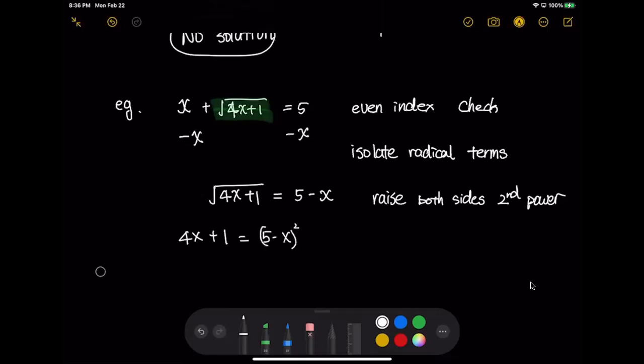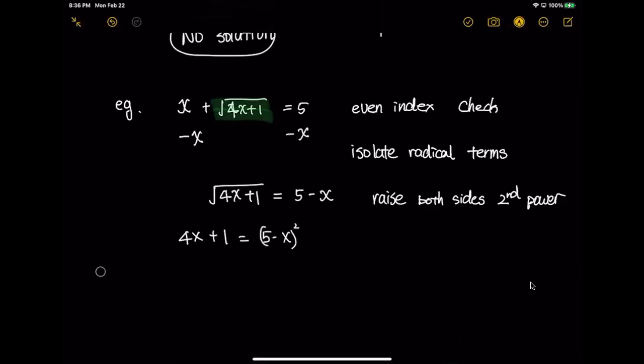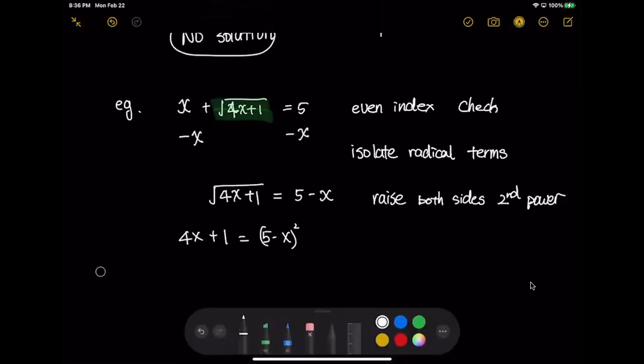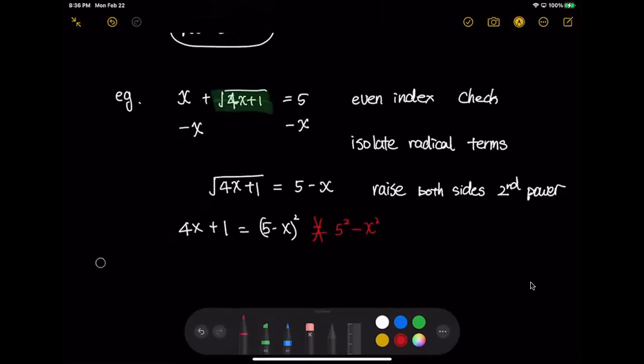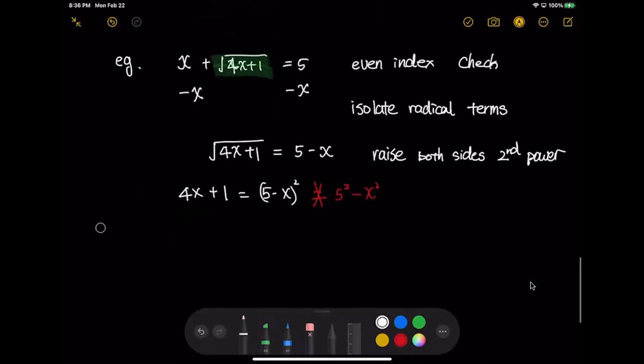Okay, perfect square. Tell me, is this equal to 5 squared minus x squared? This is not equal to 5 squared minus x squared. We talked about that many times in this class. In fact, this is equal to 5 squared minus 10x plus x squared.